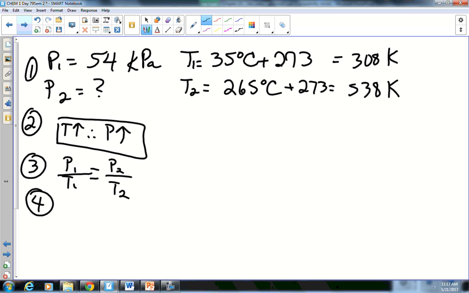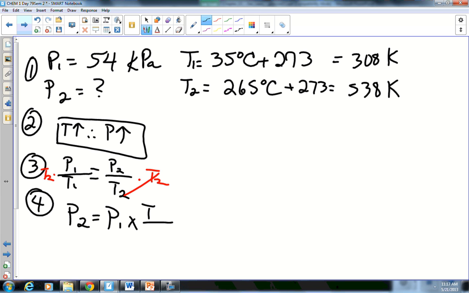Step 4 says rearrange and isolate. What I want to solve for is P2. So if I solve for P2, what will that look like then, Amber? I've got to multiply both sides by T2, right?